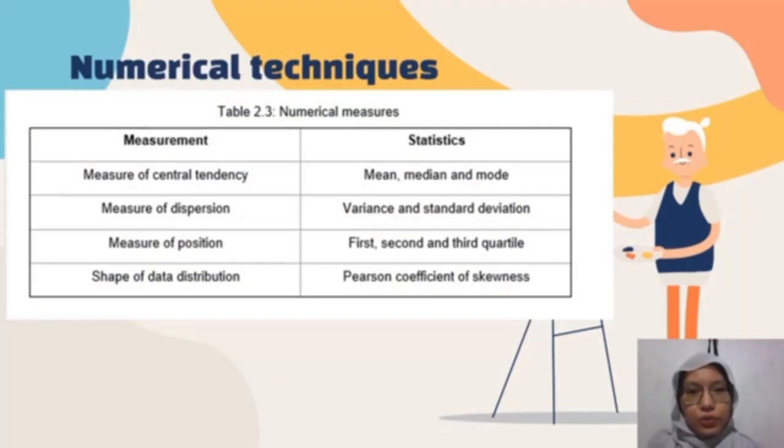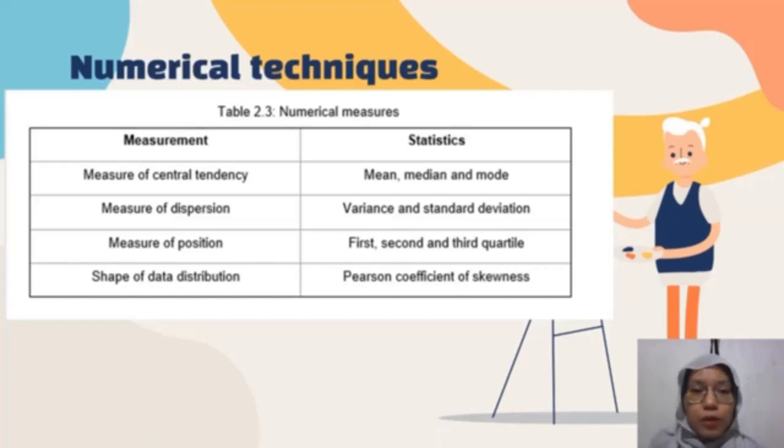In addition to graphical techniques, numerical techniques are also being applied in this study to observe each characteristic of the quantitative variables. Table 2.3 here displays the methods that were used in numerical techniques. In that table, we can see that the statistics for the measure of central tendency are mean, median, and mode.